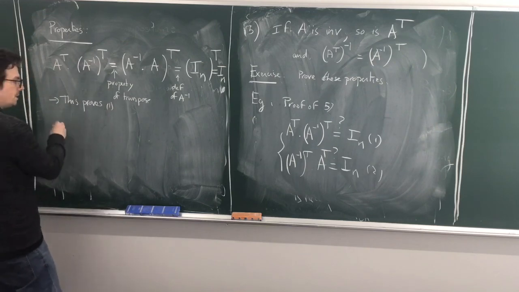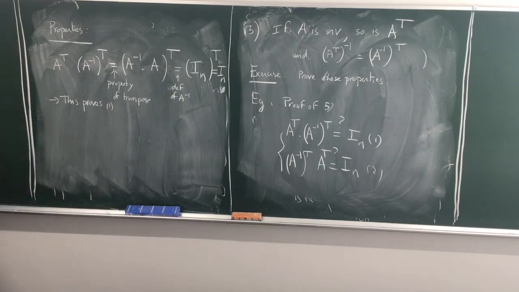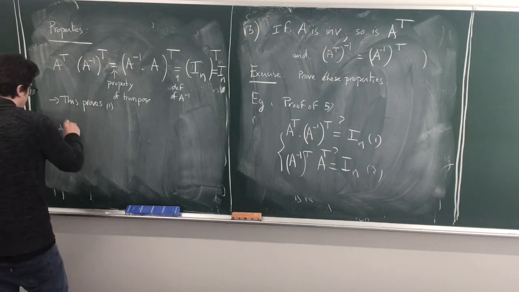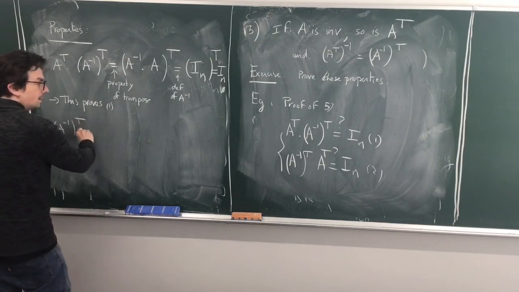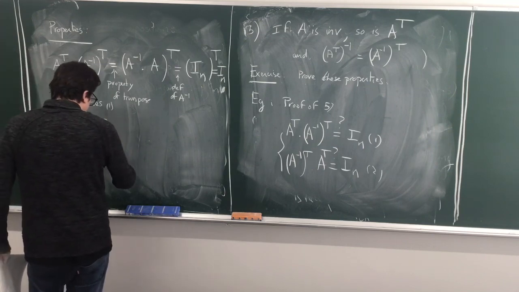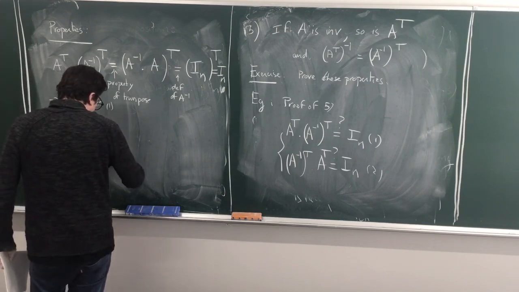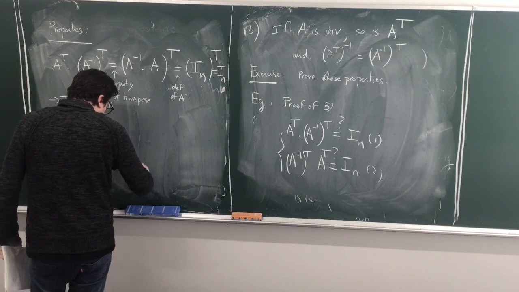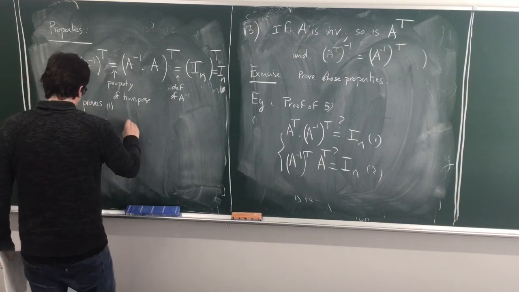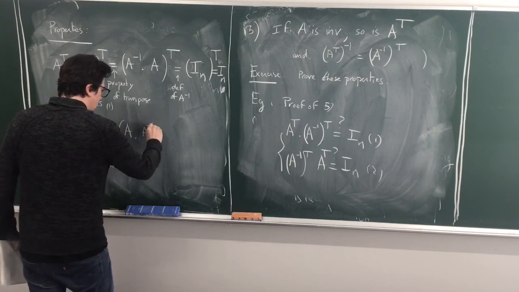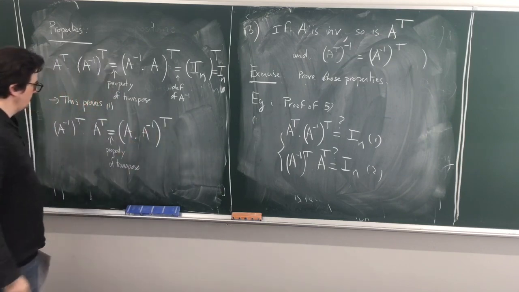To get 2, well, this is basically the same. (A^(-1)) transpose times A transpose, by the property of transpose, will be equal to (A times A^(-1)) transpose.